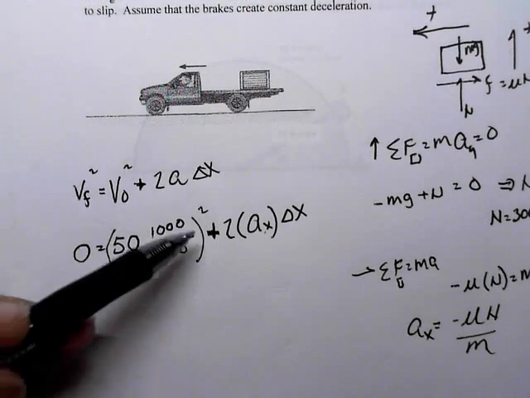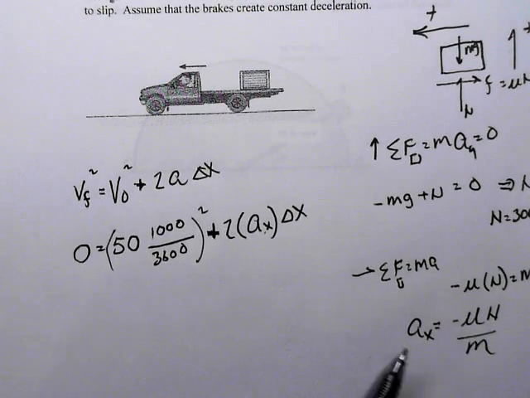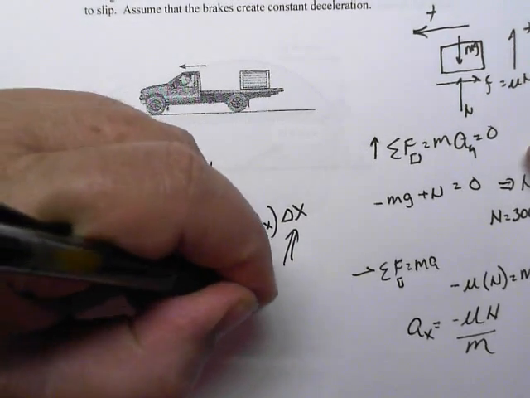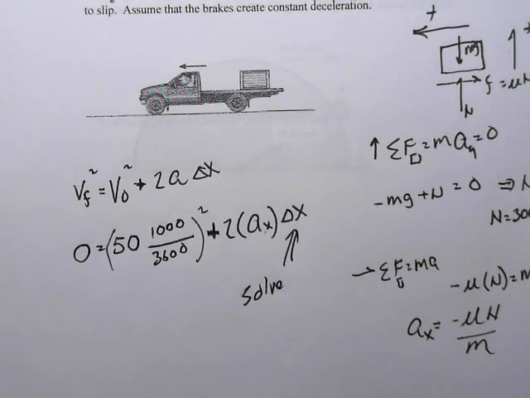At this point we know our velocity terms, we know the acceleration, and the only unknown is delta x, so we'll solve, and this problem's over.